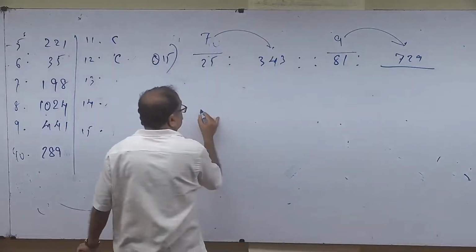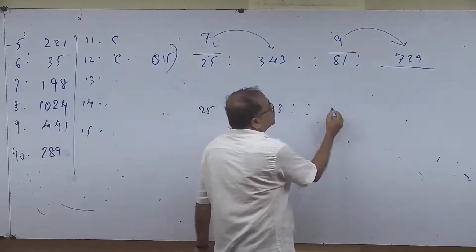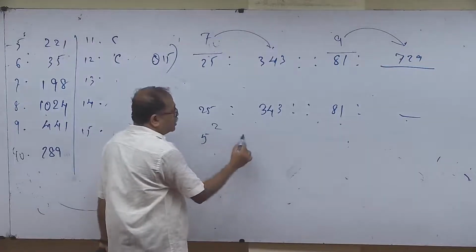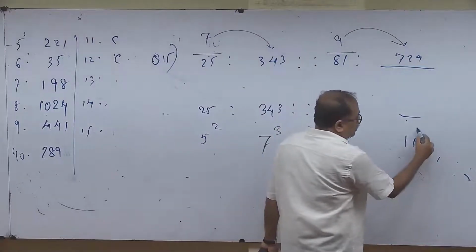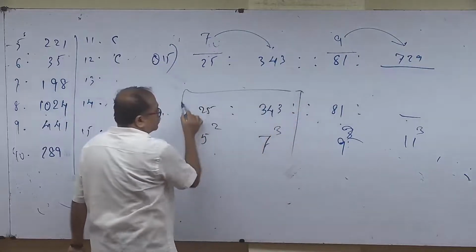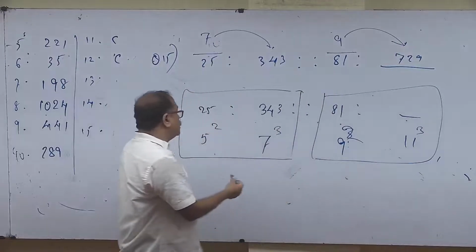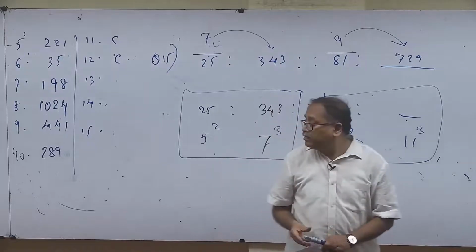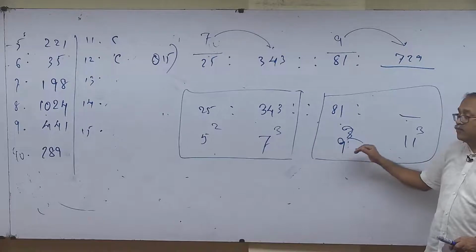The other logic is this is 25 and 343, and what we did is this logic, that is 5 square, 7 cube, 9 square, 11 cube. Okay. So do you think it's accidental that we are getting consecutive odd numbers, 5 followed by 7, then 9 followed by 11?